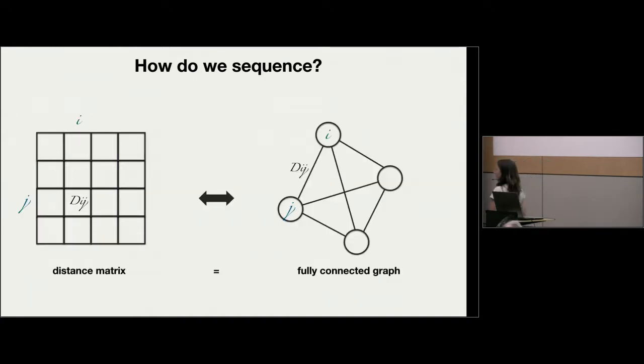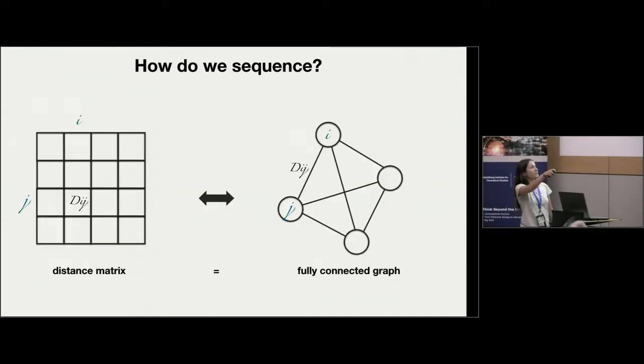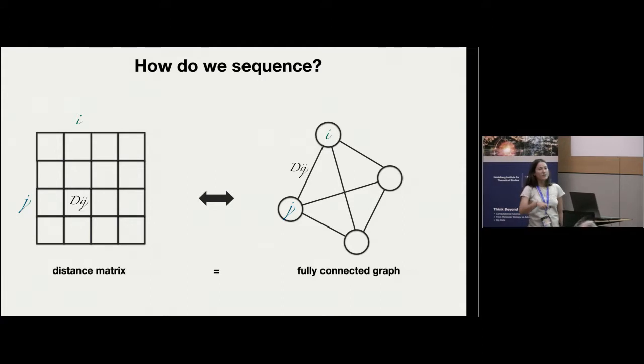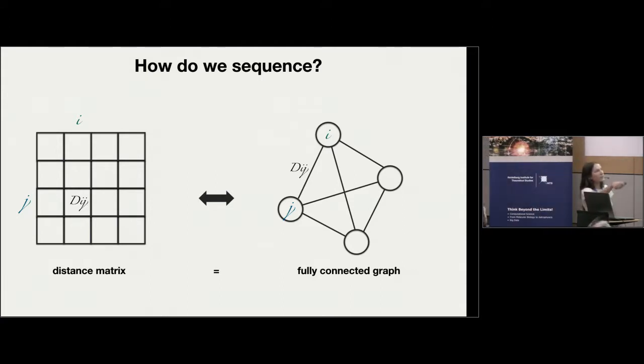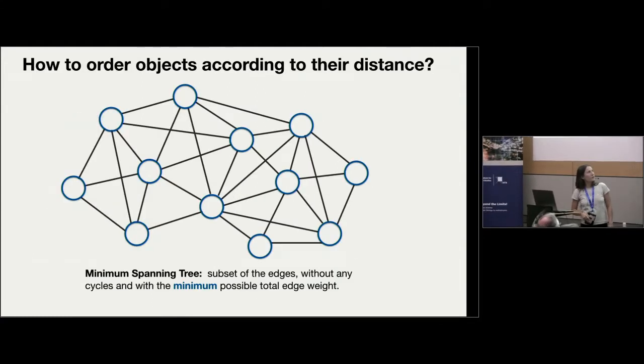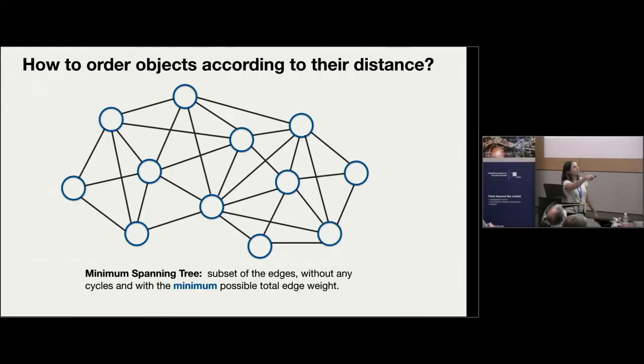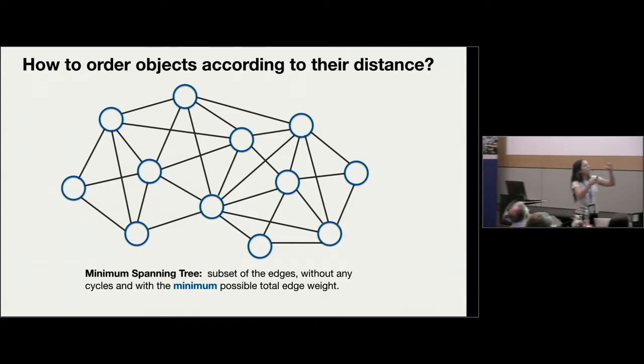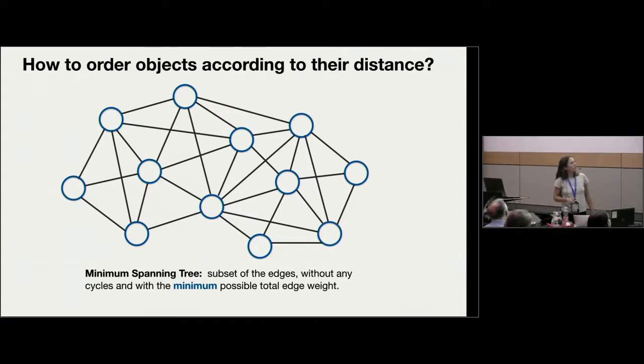So the way we do that is that a distance matrix can be described as a fully connected graph. Every object in my sample, spectrum I, is connected to all the other spectra. The edges represent the distance that I've measured between the two objects. I didn't want to make it too heavy on the edges, but imagine it is fully connected.